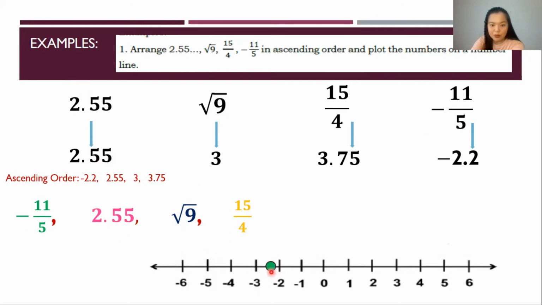So, negative 2.2, dito siya. Then, followed by the pink circle, which is the 2.55, dito din yon. Square root of 9, which is 3, so dito din yan. At yung yellow ay 3.75, so dito. Gets?